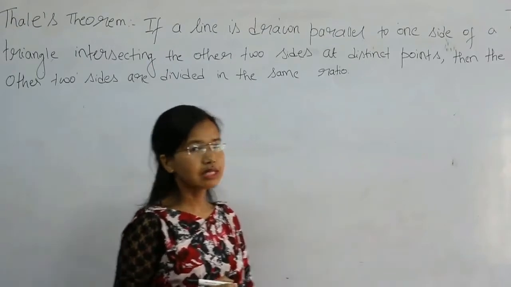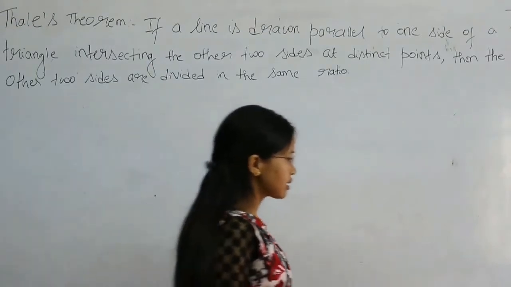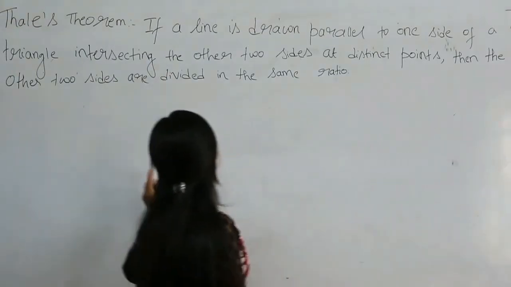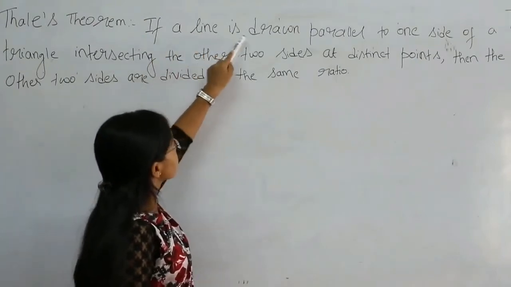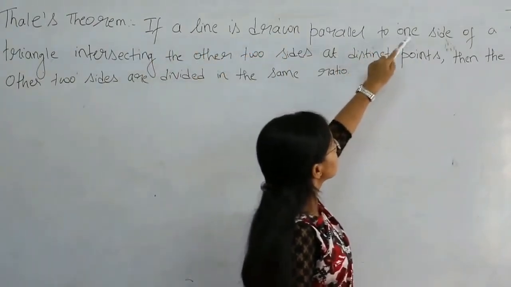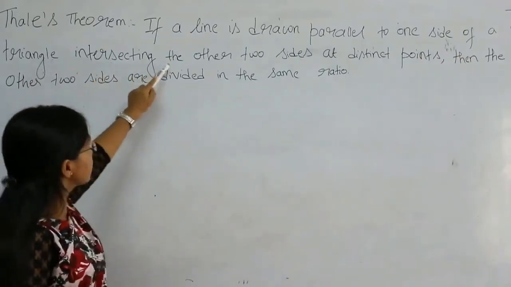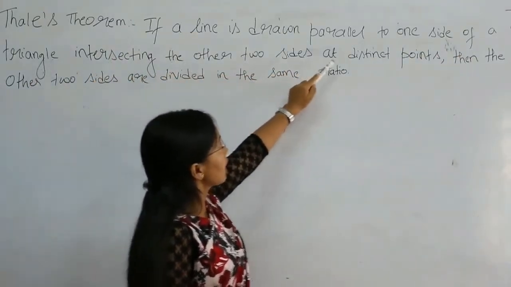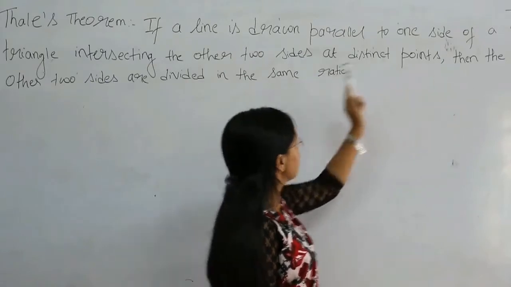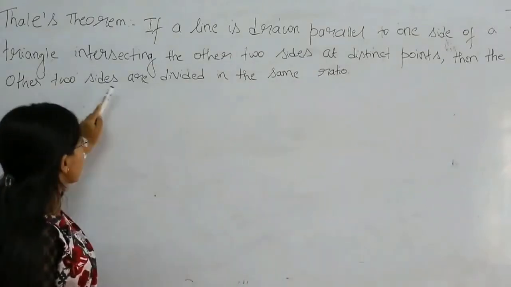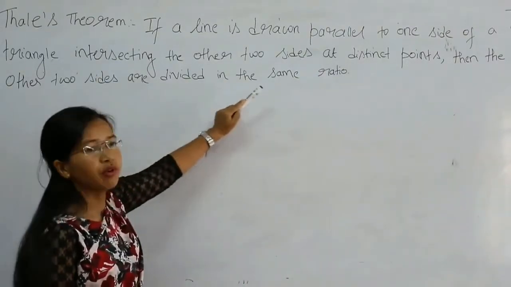Alright, so this is the statement of the theorem. It states that if a line is drawn parallel to one side of a triangle intersecting the other two sides at distinct points, then the other two sides are divided in the same ratio.